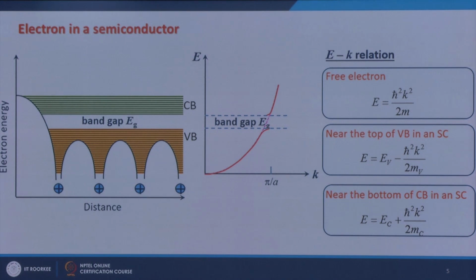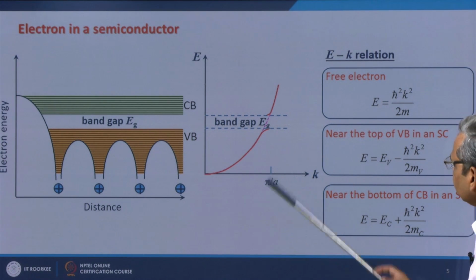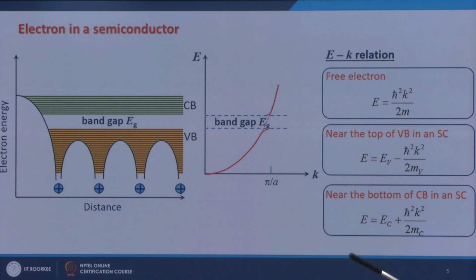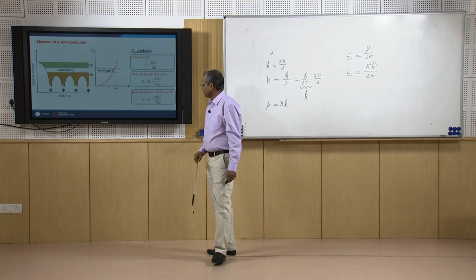Then the EK relation is modified as near the top of the valence band, the energy is given by EV minus h cross square k square over 2 mv, where mv is the effective mass of the electron in the valence band, and near the bottom of the conduction band in an SC, SC stands for semiconductor, E is equal to EC plus h cross square k square over 2 mc, where mc is the effective mass of the electron in the conduction band.